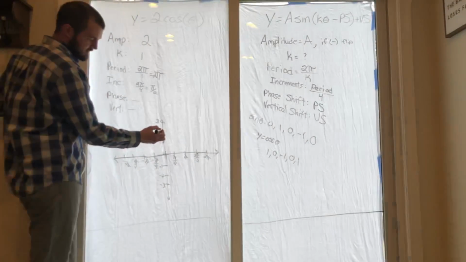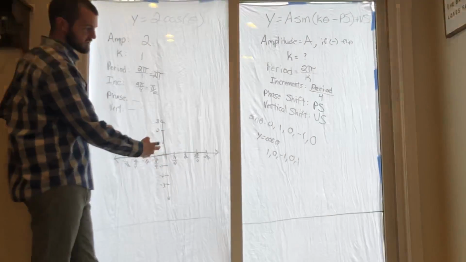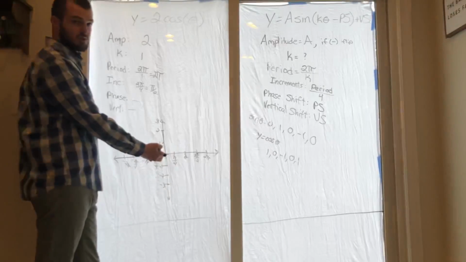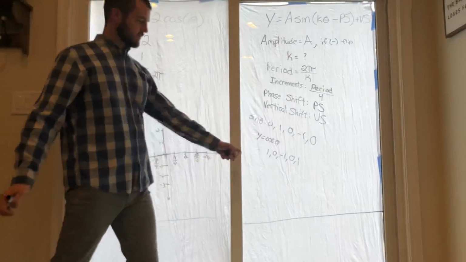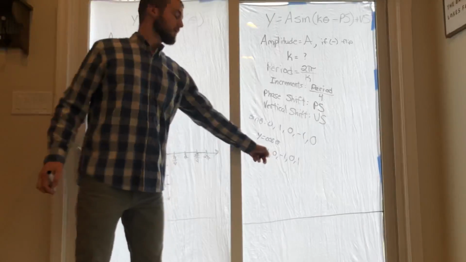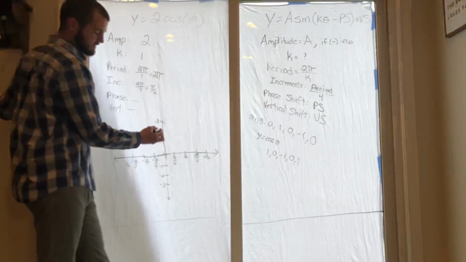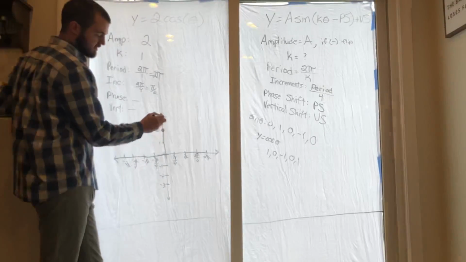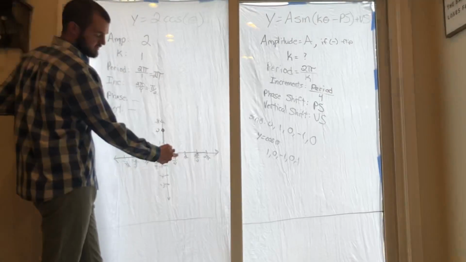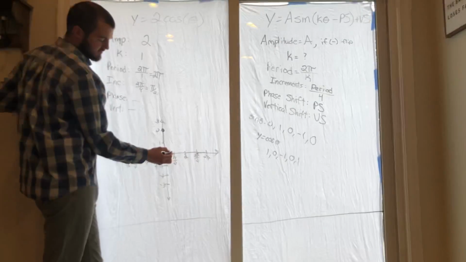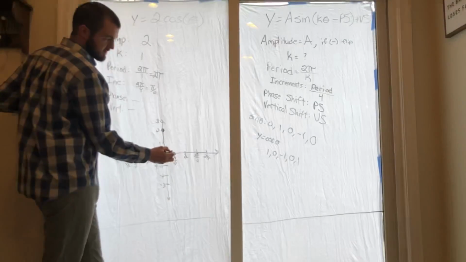So what happens? Well, what is cosine at the start? At 0, what is cosine? Well, it's 1, right? But now we have an amplitude. It's a multiplier, so we multiply it by 2. So 1 times 2 is 2. At pi over 2, it's 0 times 2, still 0.